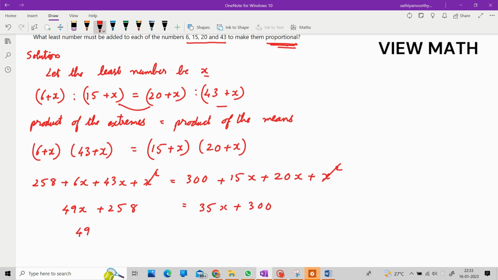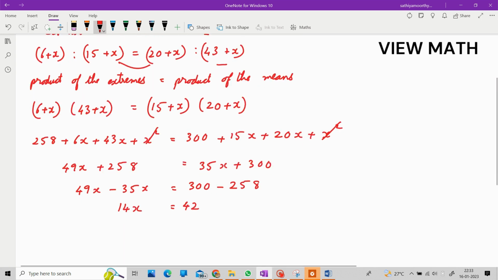Now let me bring this 35x to the left hand side. I'll get 49x minus 35x, which is equal to 300 minus, bringing 258 to the right hand side, negative 258. 49x minus 35x is 14x, which is equal to 300 minus 258, which is 42.